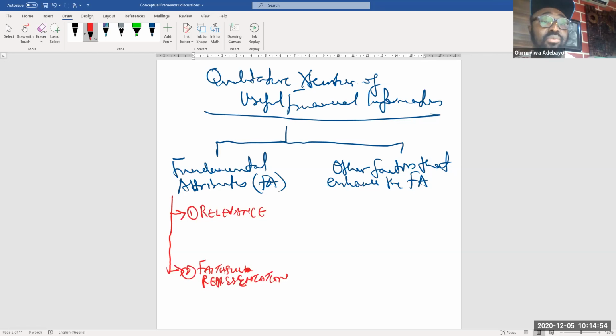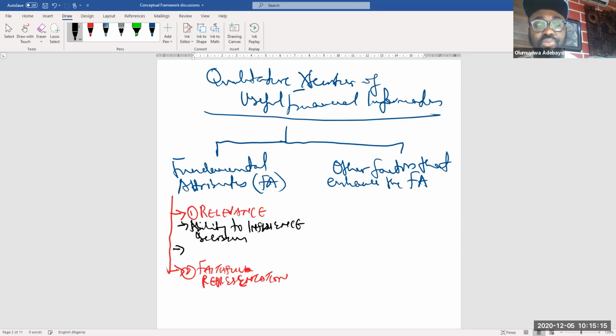Okay, now, when is information relevant? Information is relevant on the premise that it has the ability to influence decision.